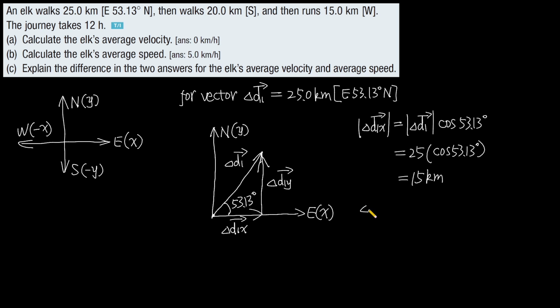So vector delta D1x is just 15 kilometers. It's positive because its direction is the positive x direction.